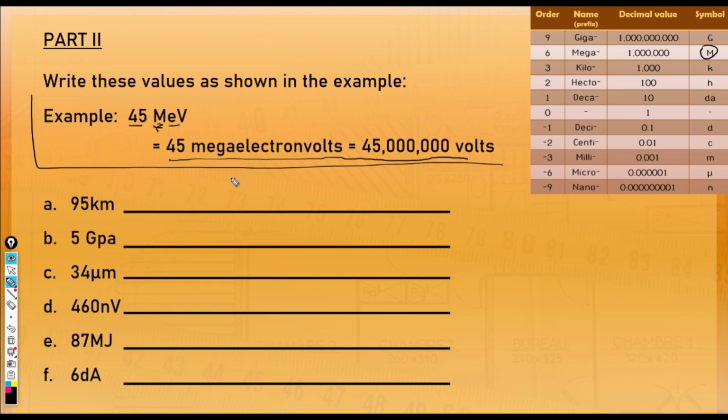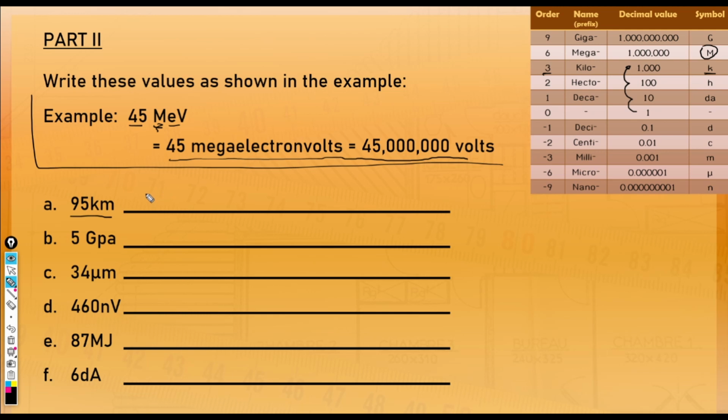If you think you can do these questions, please, by all means, pause the video again and go ahead and do them. So this first one, A, is one that we are probably fairly familiar with, and that is 95 kilometers. So you probably know that 1 kilometer is 1,000 meters. If not, we can see that kilo up here corresponds to 3 orders of 10 away from 1, so that's times 10 times 10 times 10, which gets us to 1,000.